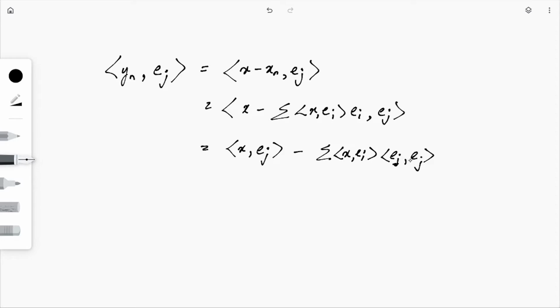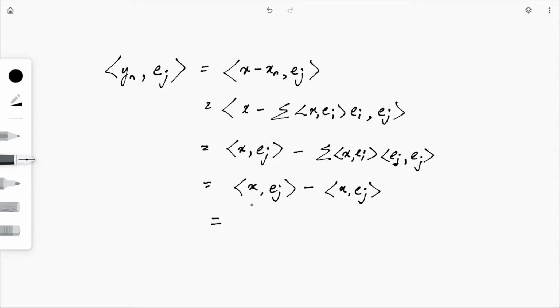So what will this value be? Since it is an orthonormal system, this will be 0 except for when i equals j. So this will be nothing but inner product x, ej, minus, all other terms will be 0, so it will be again inner product x, ej.